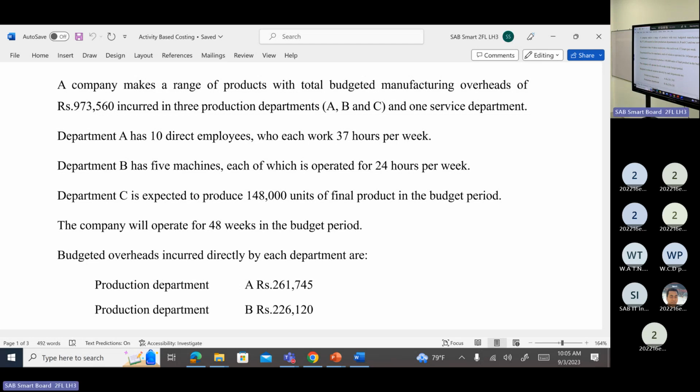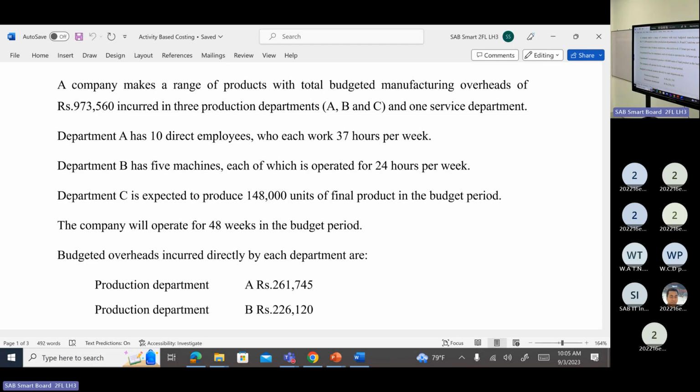Department A has 10 direct employees who each work 37 hours per week. Department B has 5 machines, each operated 24 hours per week. Department C expects to produce 148,000 units of final product in the budgeted period.